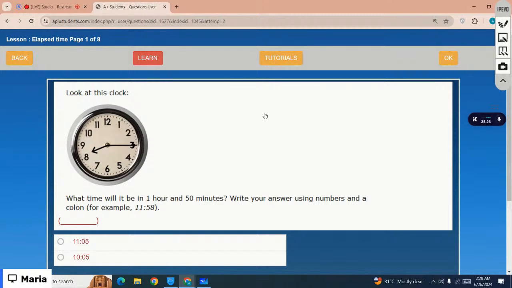The clock is showing 8:15, right? So after 1 hour and 50 minutes it is 10:05. That is the correct option.